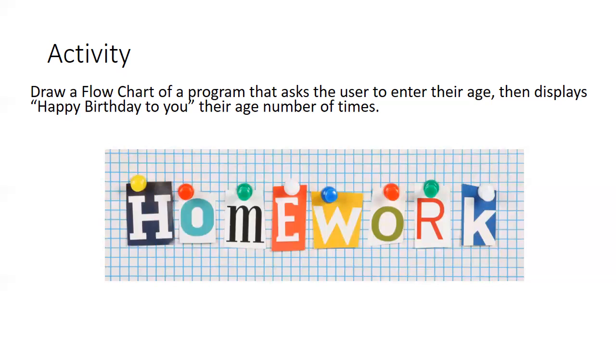If it's still less than the age, then we're going to go and print happy birthday again. We keep printing as long as it is. If it isn't, then we're finished. And it's supposed to be an oval.